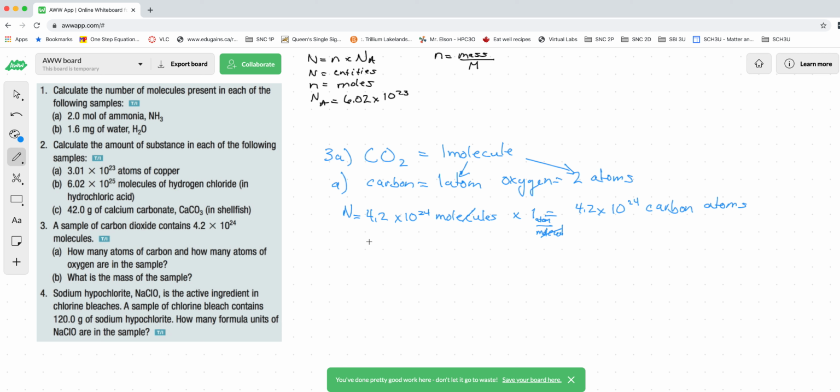But if I'm calculating oxygen in my 4.2 times 10 to the 24 molecules, well, in 1 molecule of carbon dioxide, I've got 2 atoms of O per molecule.